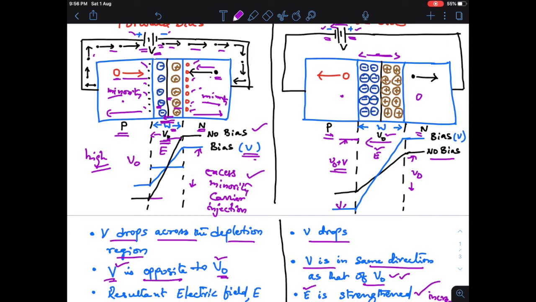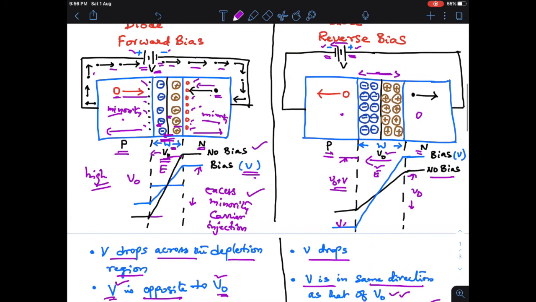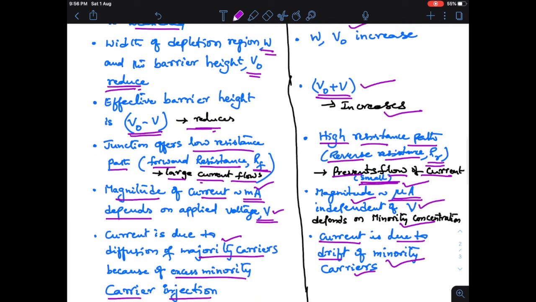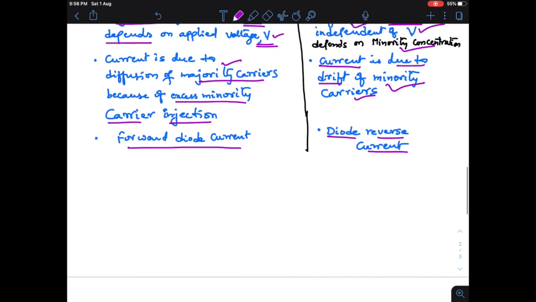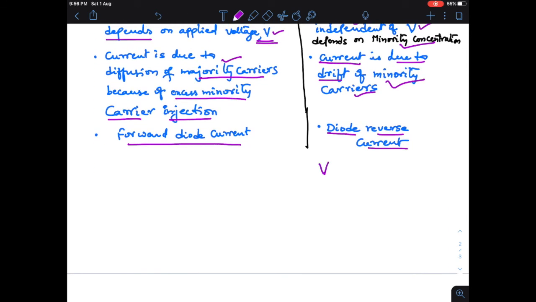So, to conclude, in forward bias there will be a large current flowing across the junction, and in reverse bias there will be very small current or no current flowing across the junction. And in reverse bias, if the applied voltage increases beyond a certain value, I will write this as VBR, beyond that particular value, the diode reverse current increases very sharply.